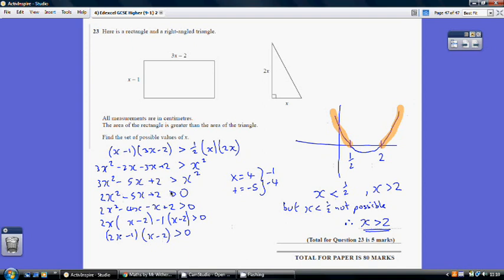Now I want all the solutions which are greater than 0, so that's all the solutions above the x-axis, so where x is greater than 2, and theoretically where x is less than a half. Now bear in mind that x is all tied up with the lengths. Now x can't be less than a half because we're then going into negative lengths. So we reject these solutions here, and our final answer is these solutions, so x is greater than 2.